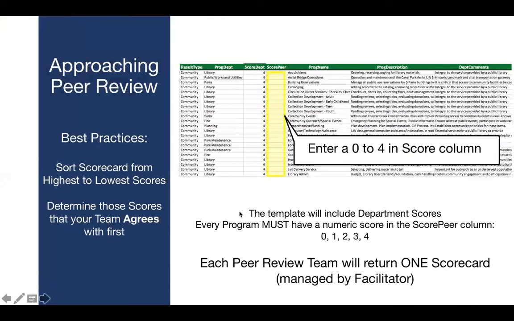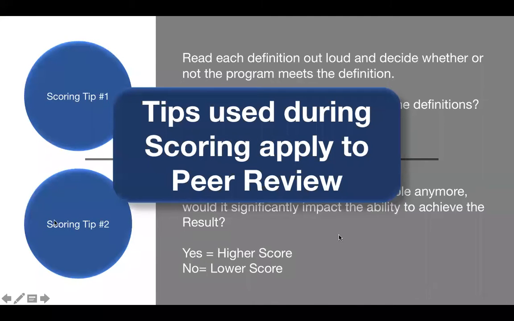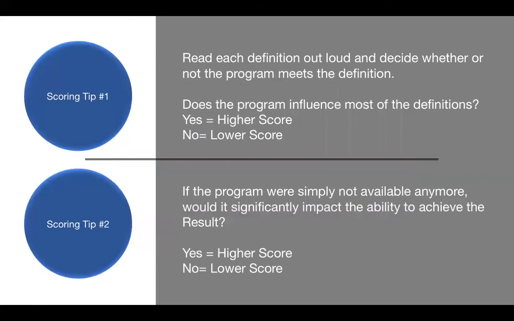Okay, so I said we would talk a little bit more about how to go through this process. If anybody went through the scoring process, these are the tips that we used during department scoring, and they also apply to peer review. The first tip is to go through and read each definition out loud and decide whether or not the program meets the definition.